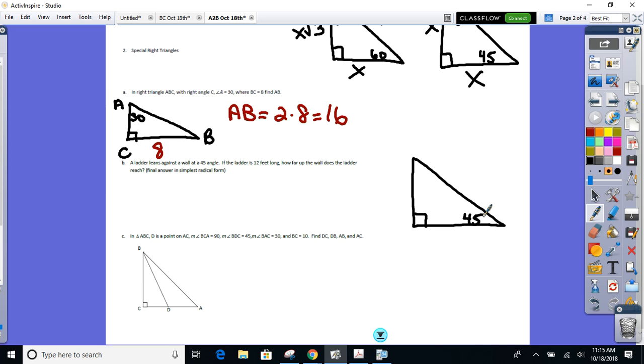Where am I going to put the 12? Hypotenuse, yep. Ladder's 12 feet long. How far up the wall does the ladder reach? So which one am I trying to find here, the vertical or the horizontal one? How far up the wall the ladder reaches?